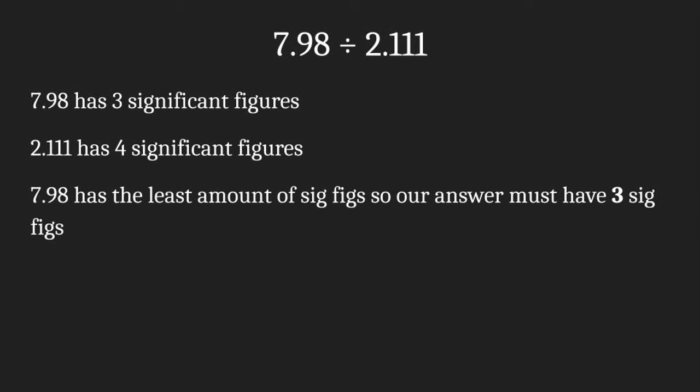And when we do this math in the calculator, we are going to get 3.7800 and so on. But we only want 3 significant figures in our answer, so we're only going to use the 3, 7, and 8. And that 0 tells the 8 to stay the same, so our answer will be 3.78.